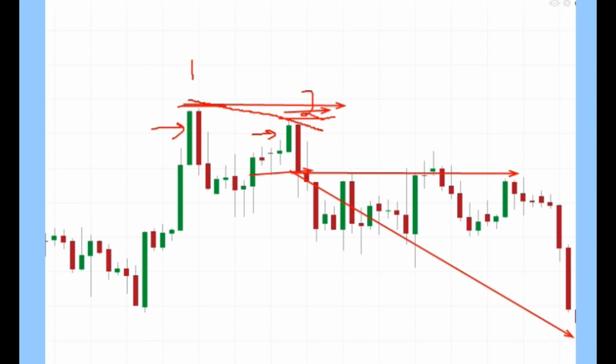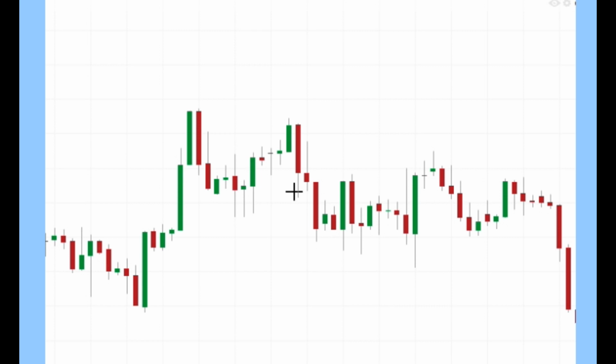Let me clear this. I would have put my entry there and put my stop loss there. Because for me, if it breaks this level here, then the setup is no longer valid for me.